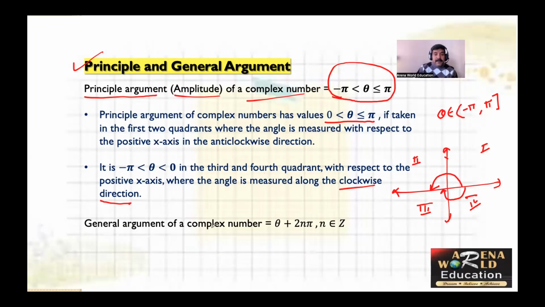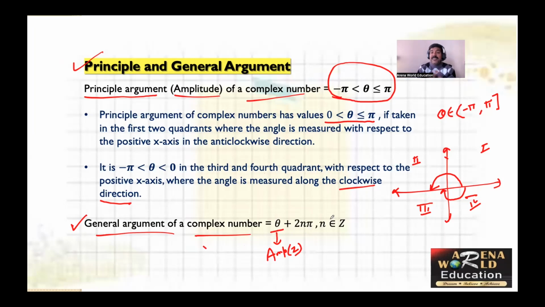Clear? Next one is the general argument of a complex number. How to find it? It is simply theta plus 2n pi, where n is an integer. Theta is the principal argument, or the amplitude of z. So the general argument is the amplitude of z plus 2n pi, where n belongs to integers.